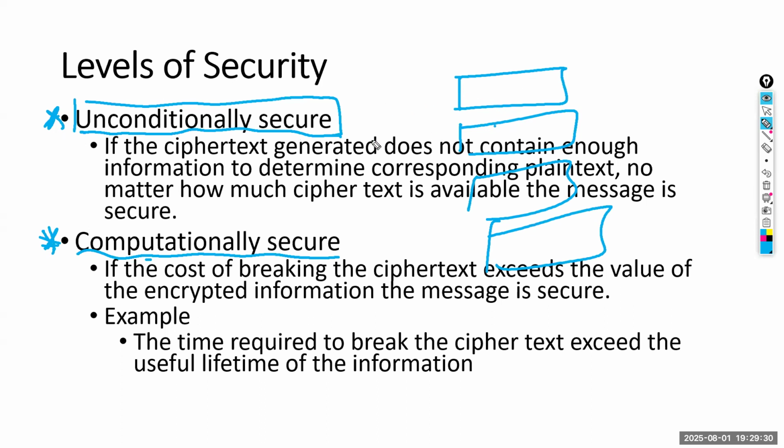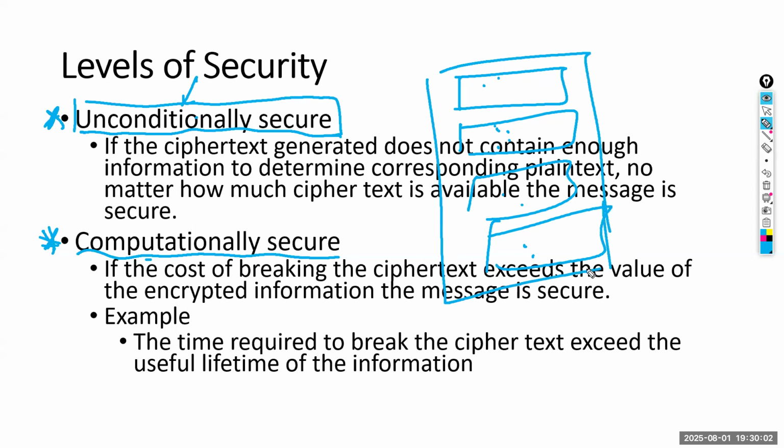But if your encryption decryption system is unconditionally secure, it doesn't matter how much ciphertext someone analyzes, they should not be able to come to a conclusion at all. No way they can analyze this and find the pattern. Then we say our encryption decryption system is unconditionally secure.